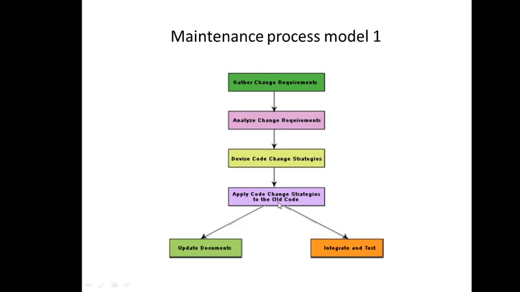Along with this, since you have made the changes, you have to integrate and test it also. So integrate with the existing system and then test whether it is working well or not. So this is the direct approach, or maintenance process model 1, which is the simpler one, right? You have the change requirements, you analyze them, you devise the strategy for the change and apply it, and you update the documents, integrate and test it.